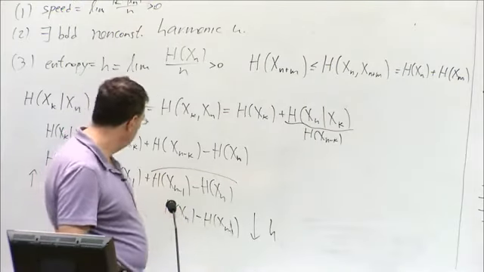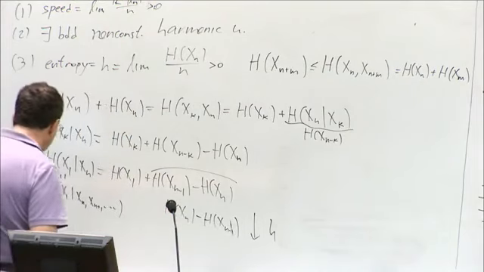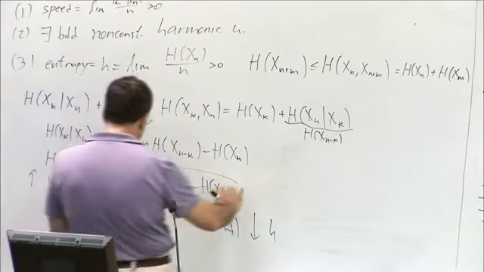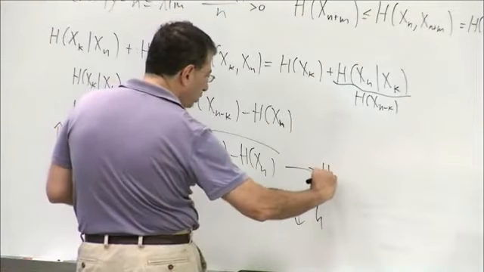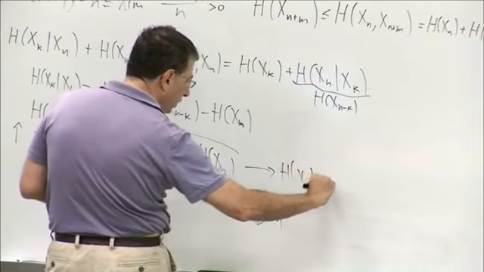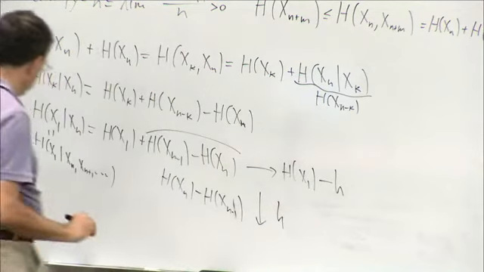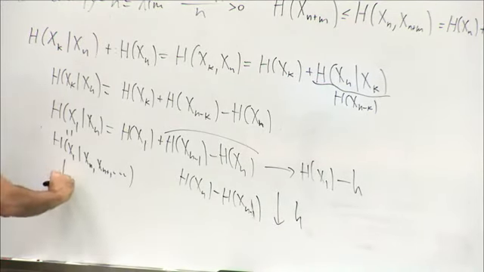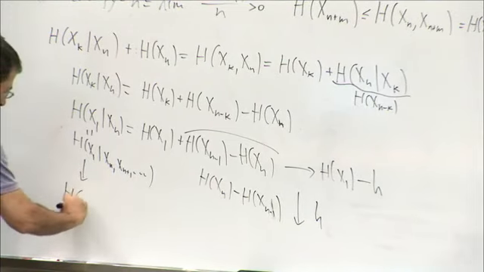Okay, so the limit is exactly h. Now, on the other hand, so this tells us this goes to h of x1 minus h. But this converges to h of x1 given the tail.